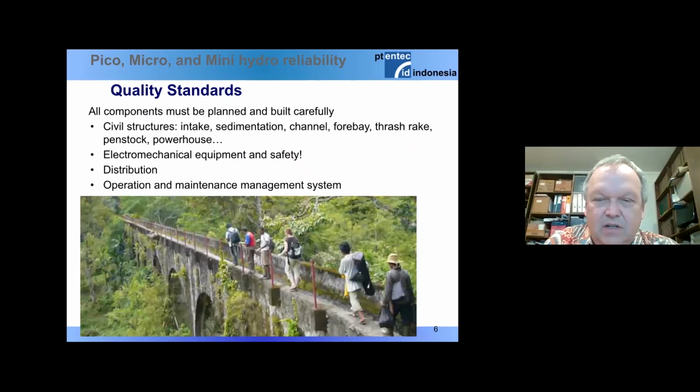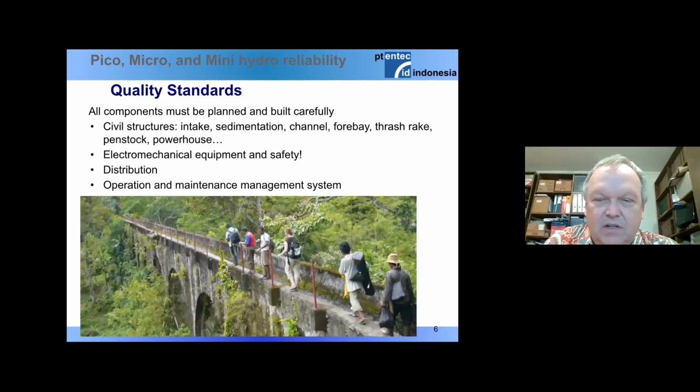Quality standards, of course, as you are aware, start from the catchment to the transformer. All the civil structures should be done properly and professionally. The electromechanical equipment should focus on being safe and long operating.